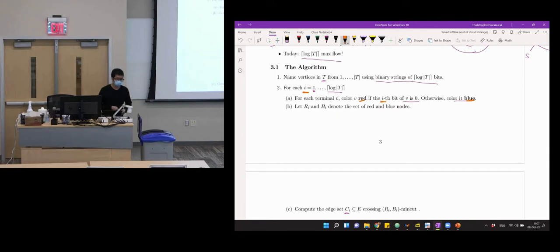You can make this partition regardless of the number of terminals. If there are 3 terminals, 2 iterations are enough to isolate all of them. The number of terminals need not be a power of 2.